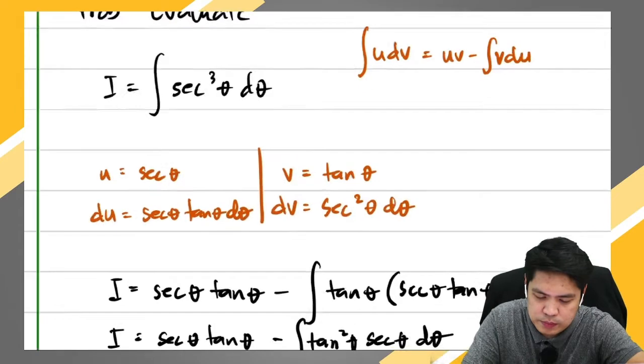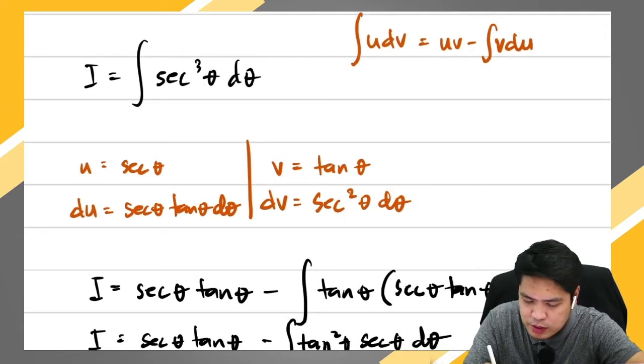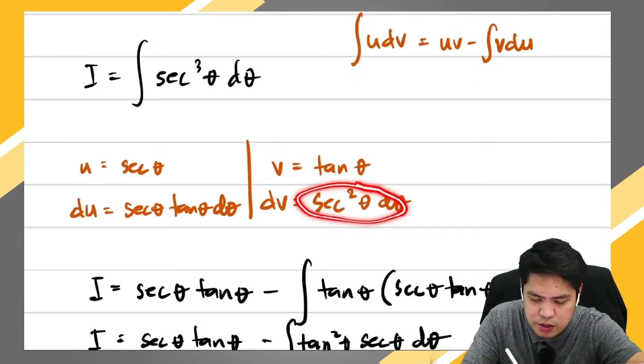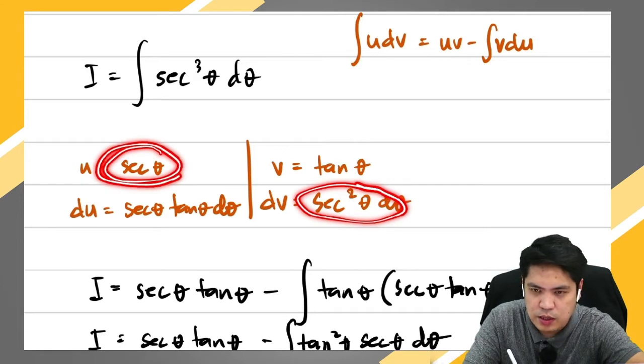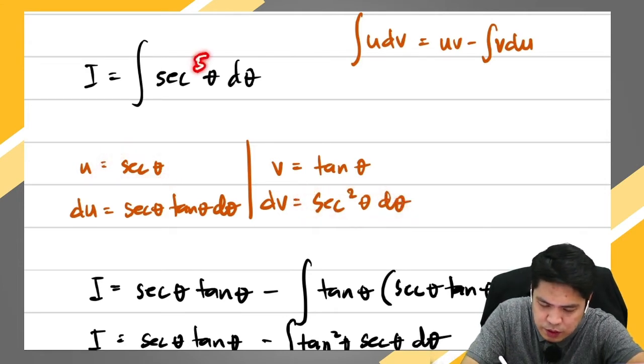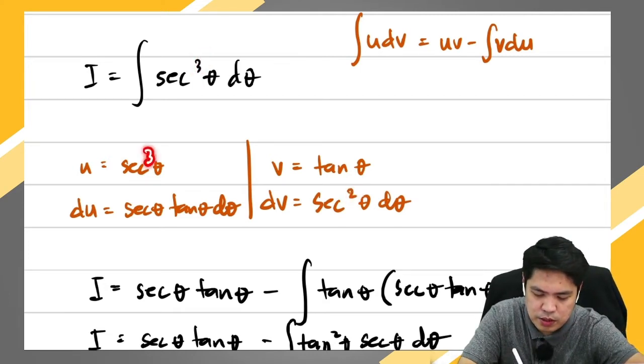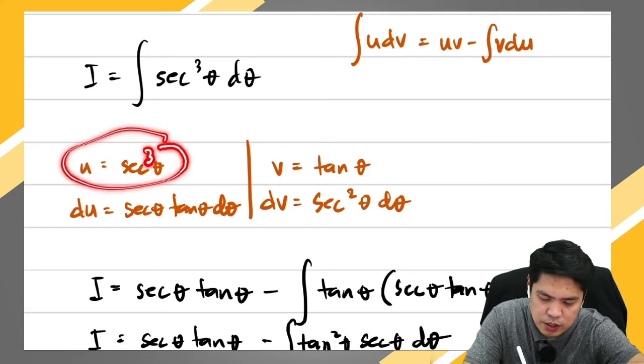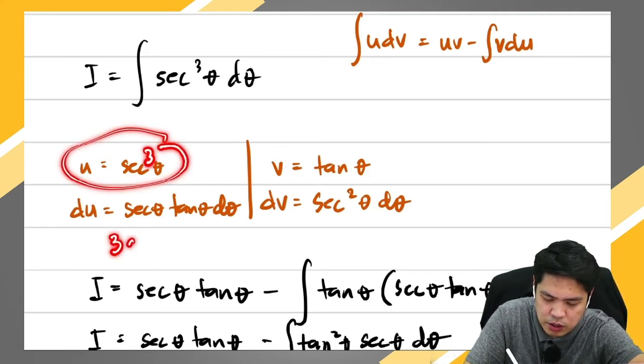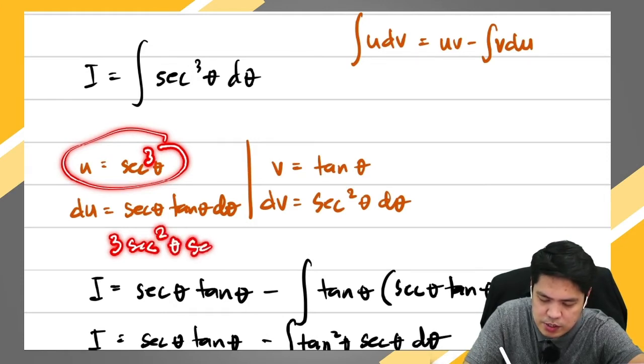Ito siya, in which we isolated secant squared. Natira dito is secant theta. So, imagine if this is 5. So, isolate natin yung square. Matitira dito is secant cube pa. So, kung secant cube pa siya, the derivative of this would be more complicated. That would be 3 secant squared theta, then we'll have secant theta tangent theta d theta.